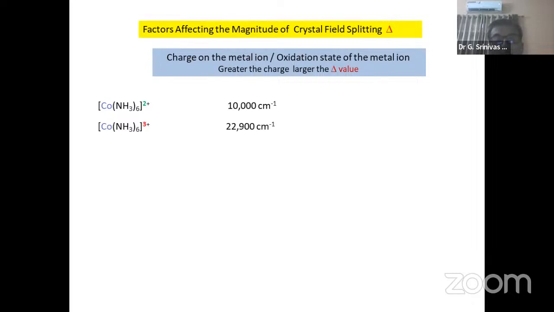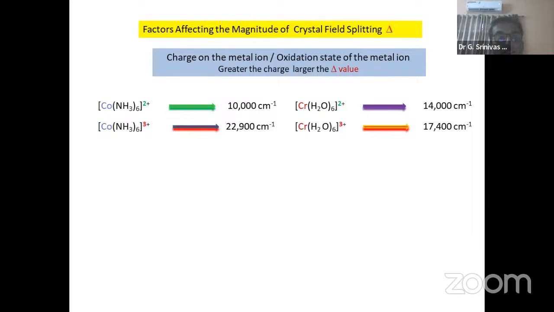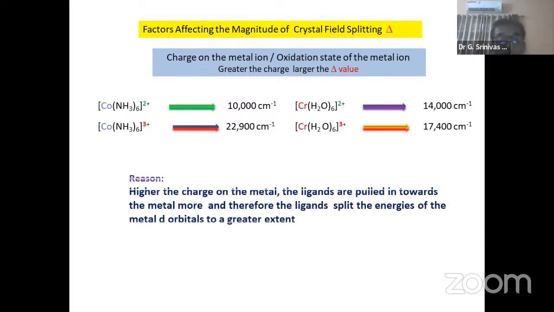As the oxidation state of the metal ion increases, the CFSE values increase. Even chromium +2 has 14,000 and chromium +3 has 17,400 centimeter inverse. So as the charge increases, the CFSE values also increase.